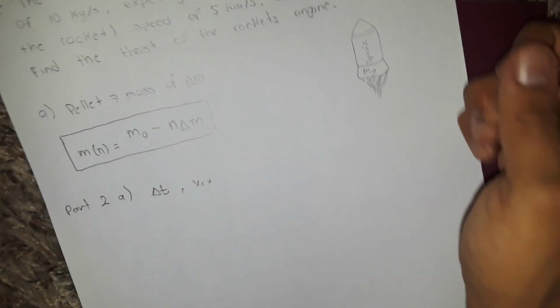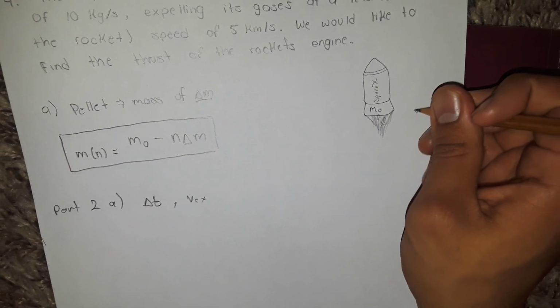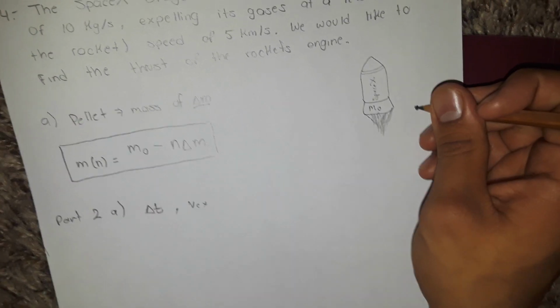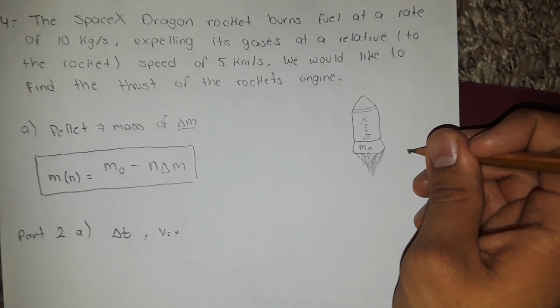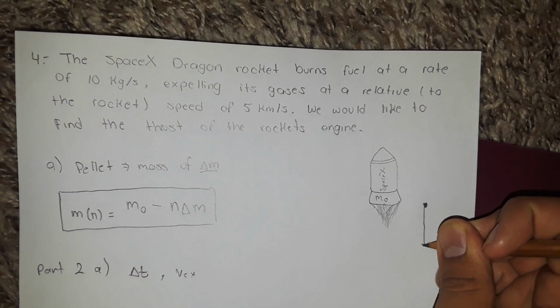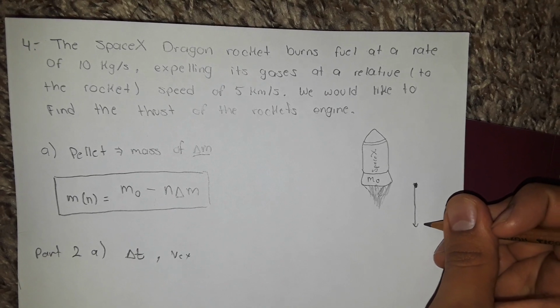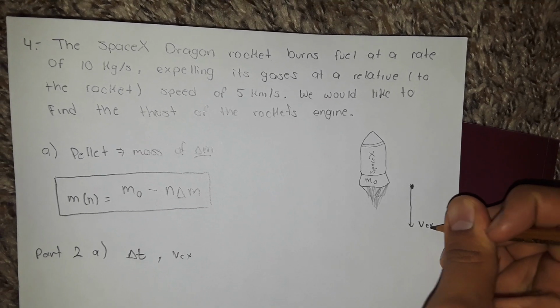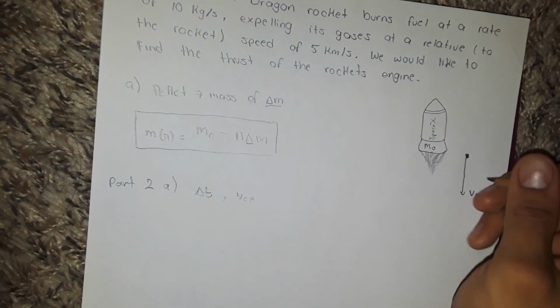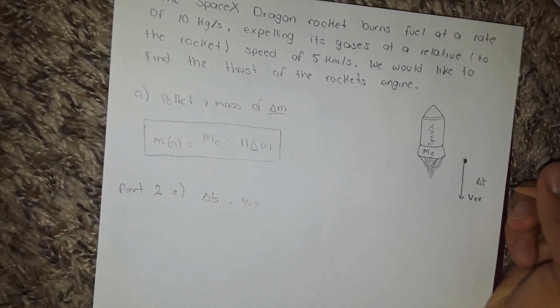So we can represent that clearly right here. We have our pellet expelled right here, and it ends up with a velocity of Vx in a time delta t.